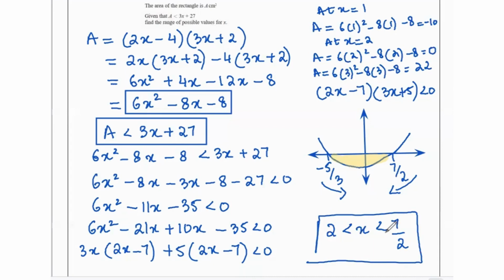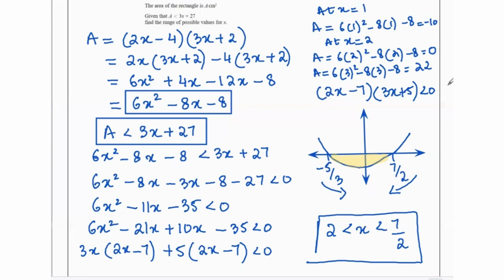So we had to pick the least possible value of x that can be chosen to give us the area value. When we chose x equals 1, we got a negative area, which means x equals 1 cannot be a part of the range. When we chose x equals 2, that gave us an area of 0. When we chose x equals 3, that gave us a positive area, which is 22, which means x equals 2 is your endpoint.